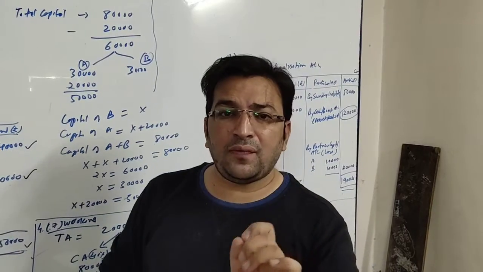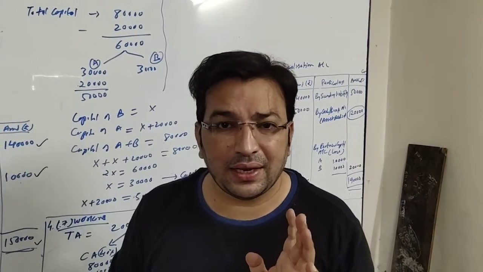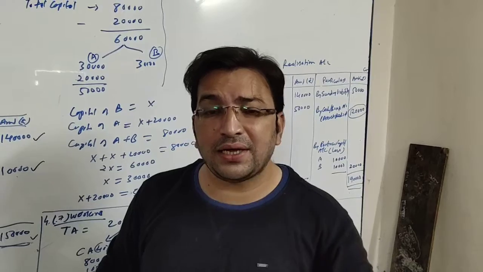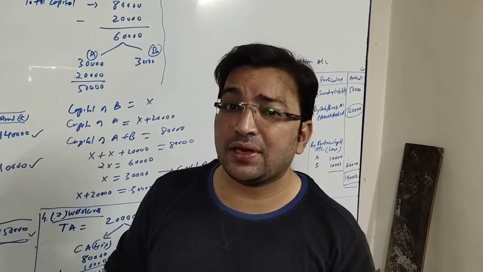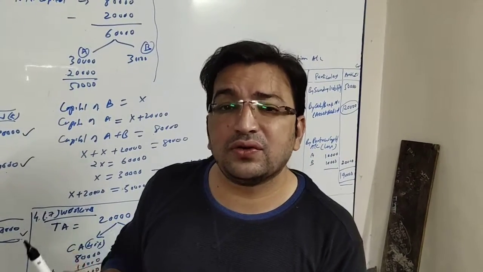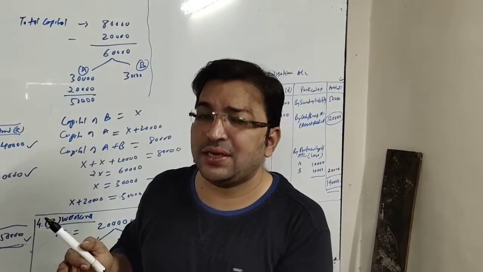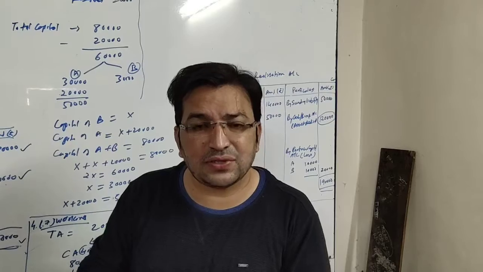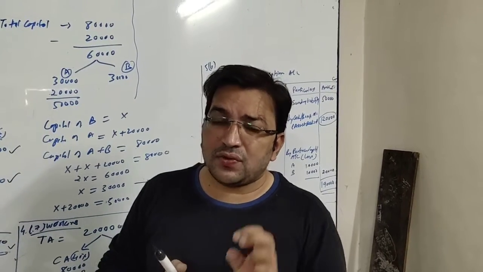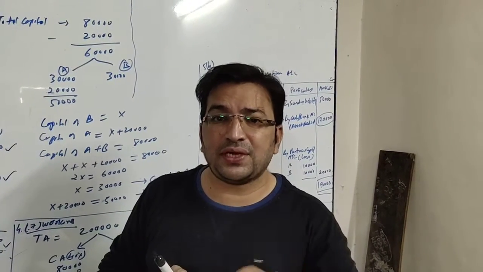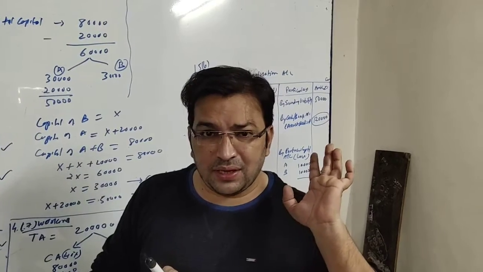The total of capital and reserve is given as 1 lakh, and the total of the liability side will be 1,50,000. How come 1,50,000? As the total of the asset side of the balance sheet is 1,50,000, the liability side will also be 1,50,000. So by applying these two pieces of information we will find the rest of the values.